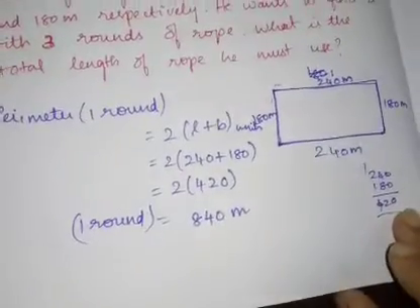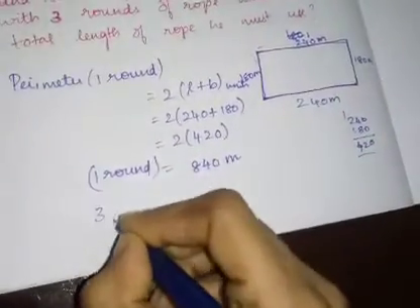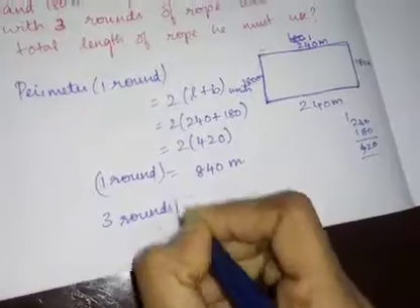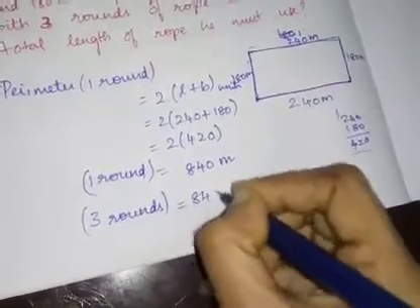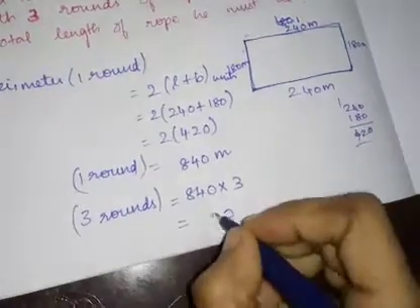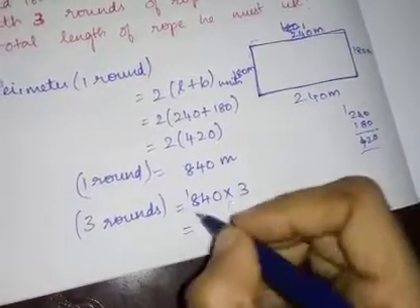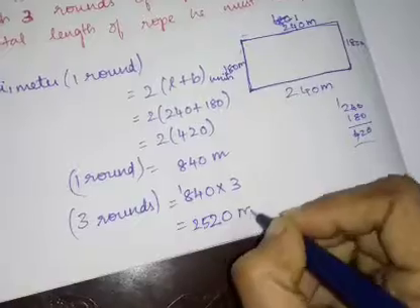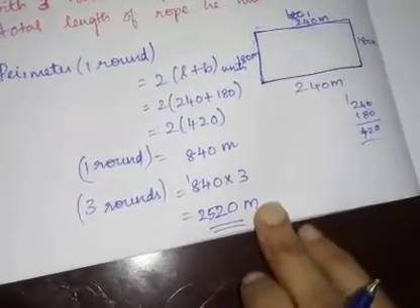But here what are they asking? They are asking for 3 rounds. So 3 rounds means 840 into 3. 0 into 3, 0. 4 threes are 12. 8 threes are 24, 25. So how much rope is needed?